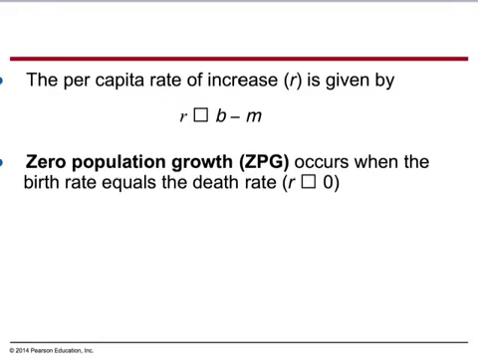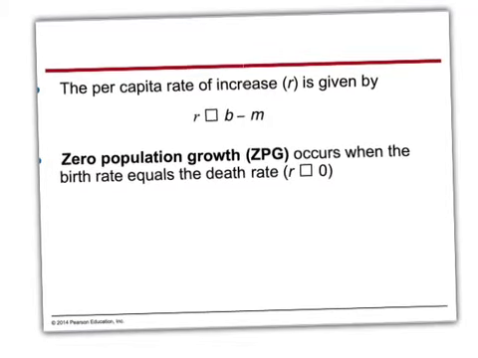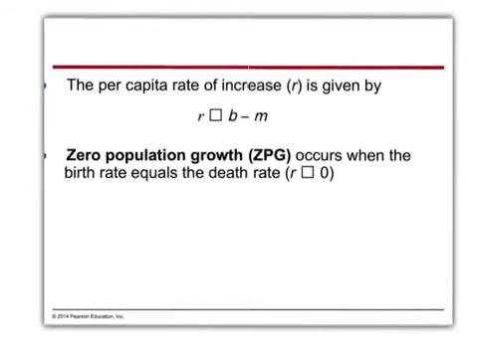So your per capita rate of increase, r, is given by birth rate minus death rate. Given my example of the human population of the United States, 200,000 births per year is your birth rate, minus your mortality rate, 150,000 deaths per year. Your rate of increase is 50,000 individuals per year.